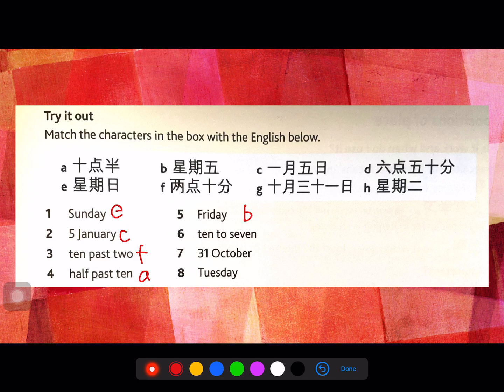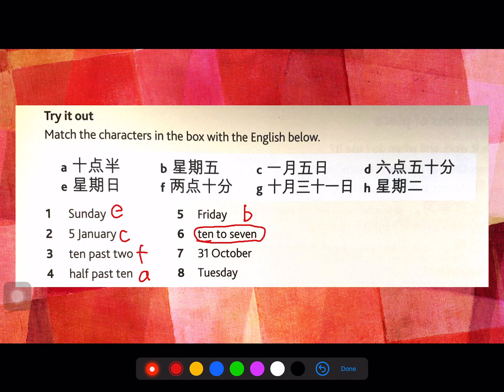6 is 10 to 7. We didn't learn how to say 10 to, like 5 to, this kind of thing, because the structure is a little bit complicated. So we want to make sure that you master the normal structure of exact time.